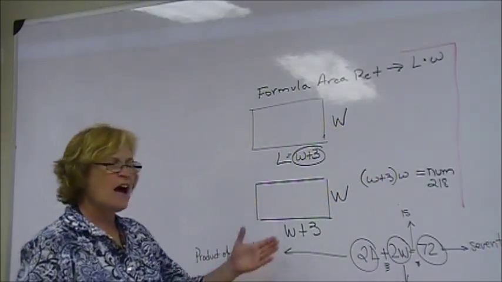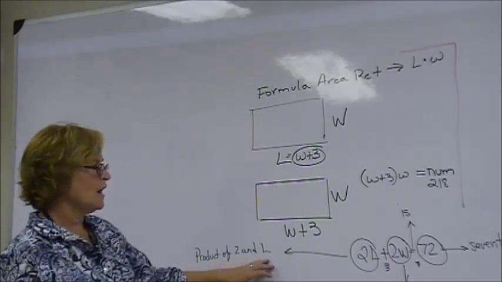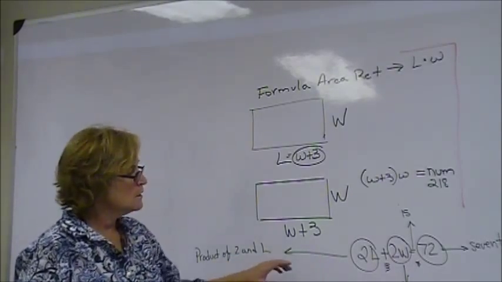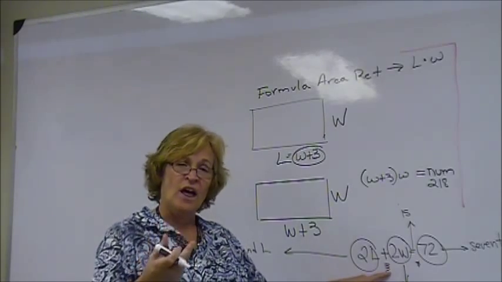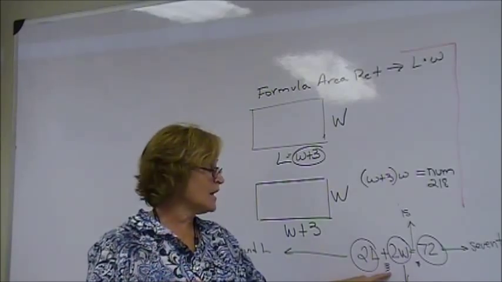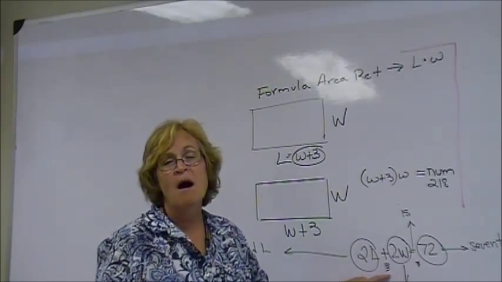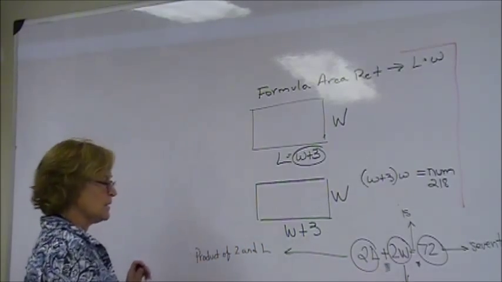So now let's figure out how I write that as a complete sentence. I have the product of 2 and L, and what happened to that product? Transition. It was added with, or added to, or another way of writing it is the sum of. So let's use that one.